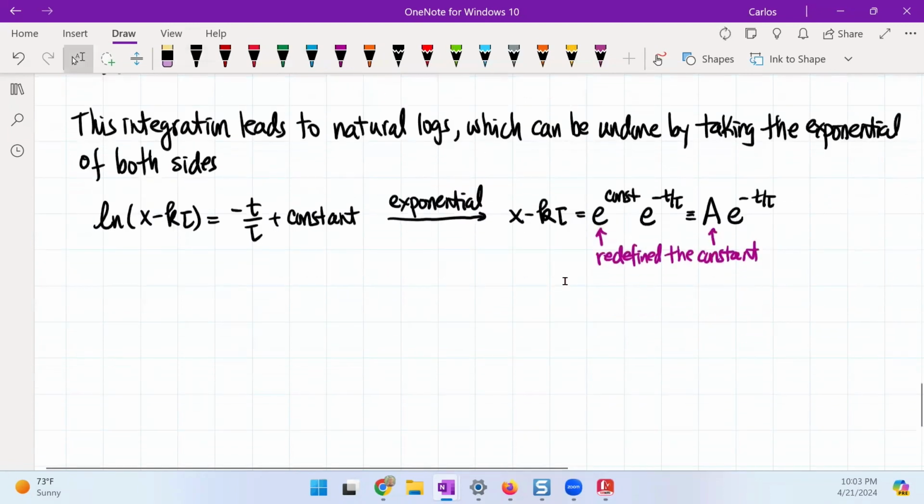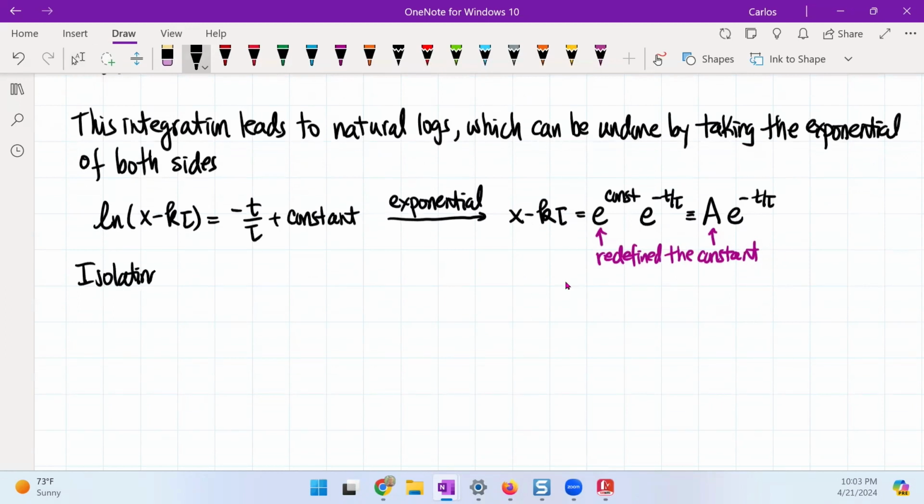Finally, isolating x of t, one arrives at x of t, which is k tau plus A e to the minus t over tau.